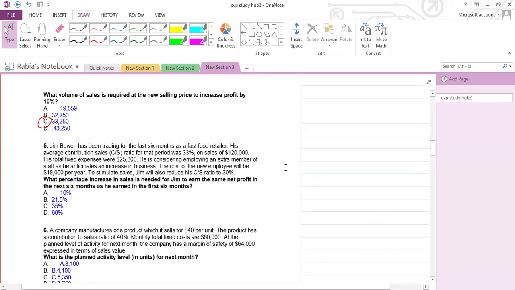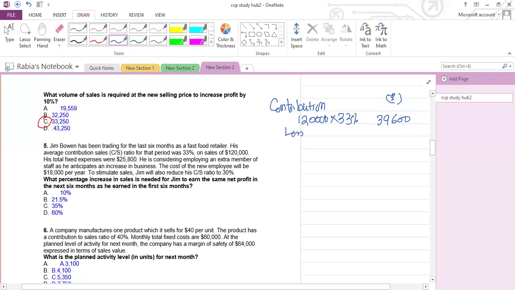I will calculate the contribution of the first 6 months. What is your total contribution? 1,20,000 sales into 33%. You will get your contribution of 39,600.